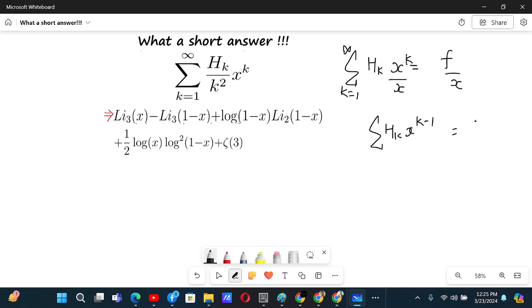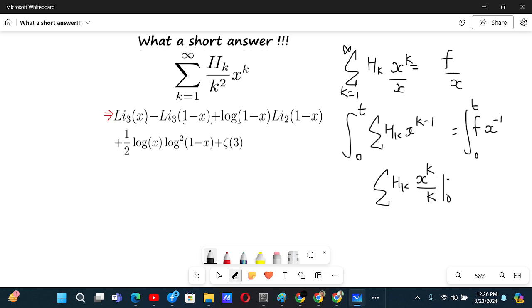Now what we will do is integrate this from, let's say, 0 to t. And what does this give us? The sum of H_k x to the power k by k, isn't it?